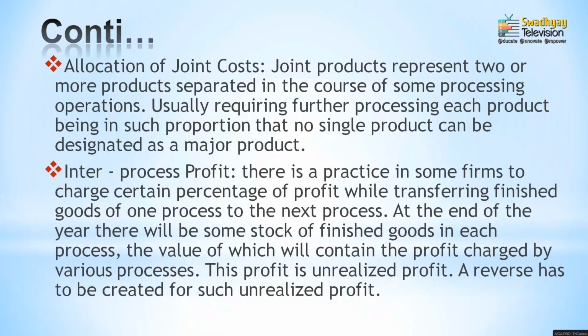In that way the allocation of a joint cost would be identified on the basis of features and units of the respective process account. There are certain expenses incurred jointly, but we need to identify what amount of expenditure is incurred on each process and allocate it in a different way.